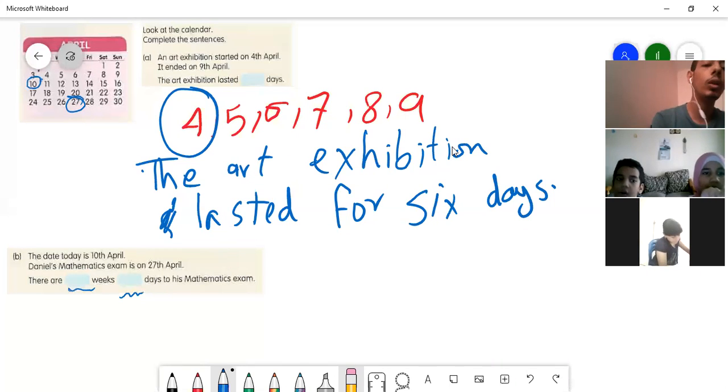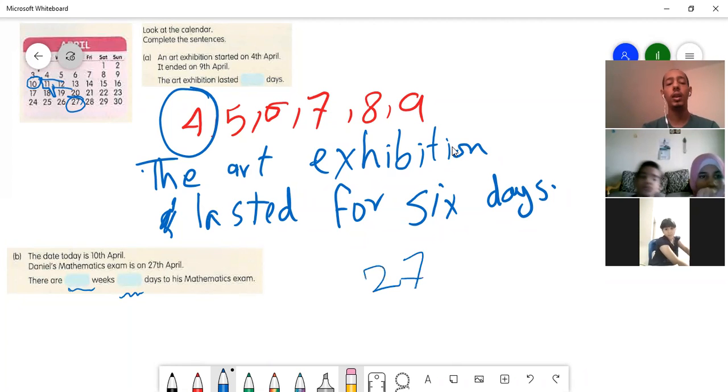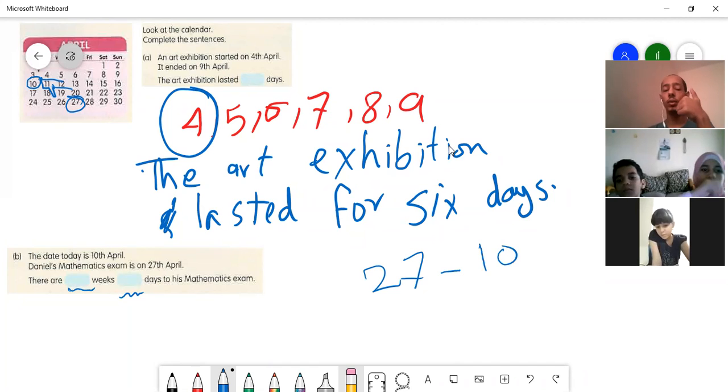So we are going to count from 11. Or we can say 27, because this is the date when the exam of mathematics will be, minus 10. Or you can count starting from 11. This is the same.